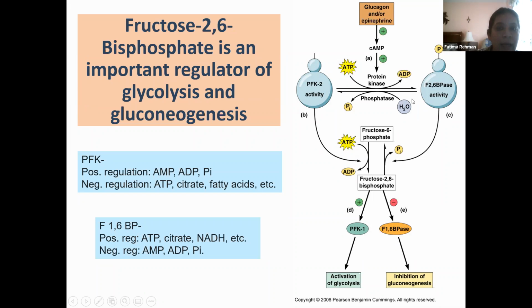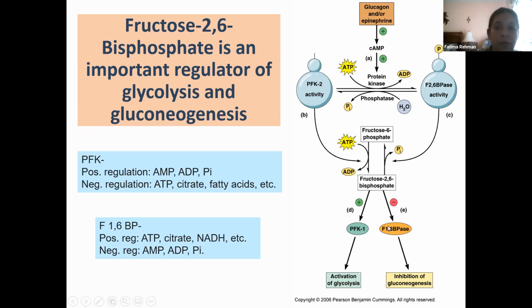So these are protein kinases that are activated that then further phosphorylate the fructose 6-phosphate to create those molecules. Now, if you get PFK1 as a result, which adds a single phosphate to this fructose 6-phosphate, it activates glycolysis so that you have more glycolysis happening, more glucose getting broken down.